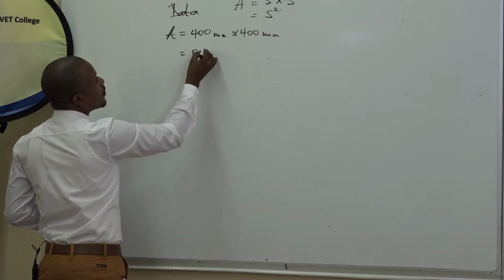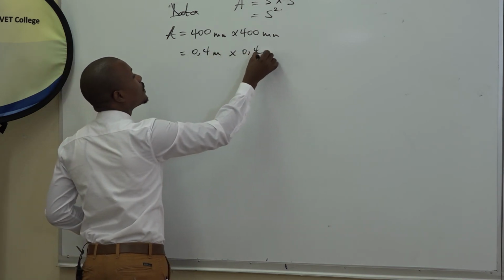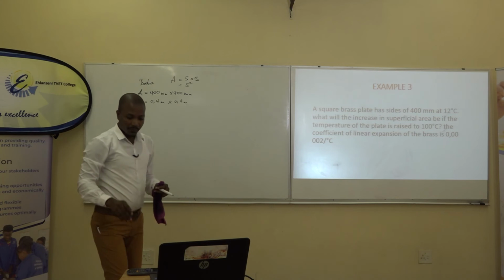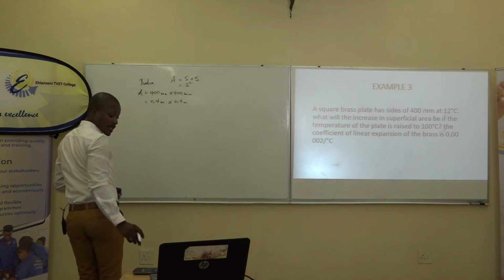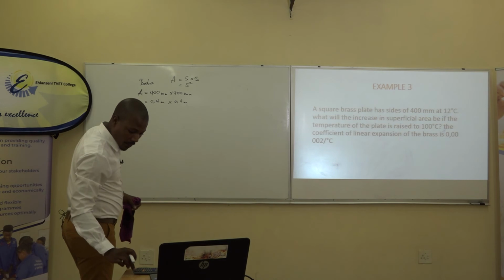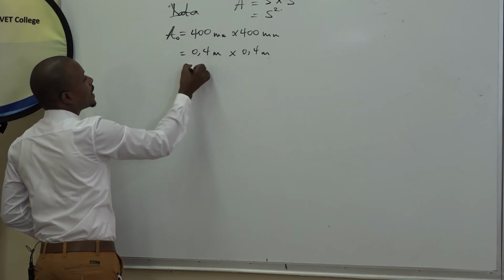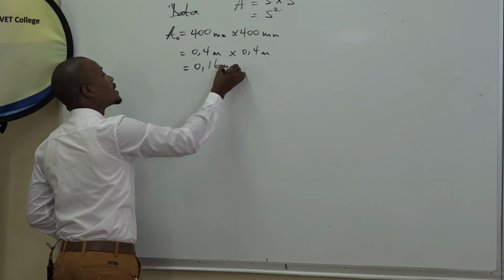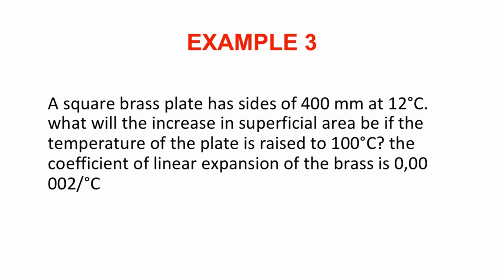This will be 0.4 meters. This gives us 0.4 times 0.4, which should give us an original area of 0.16 meters squared. They say this is at a temperature T1 of 12 degrees Celsius.